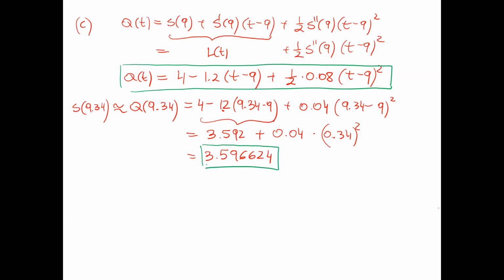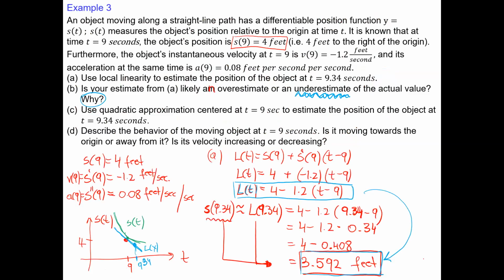That means this is the quadratic approximation. It's a parabola, and we may see the leading coefficient of t squared is positive. That means the parabola opens up, and that makes sense because the function is concave up. It will match better than the linearization, maybe somewhere here, a better approximation.